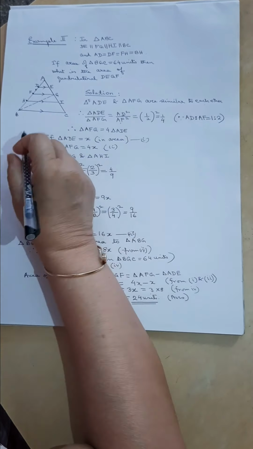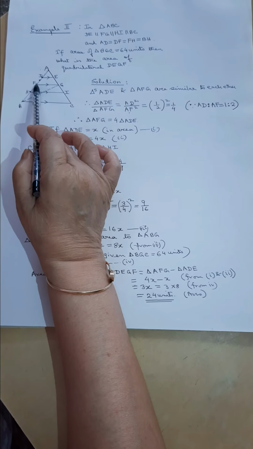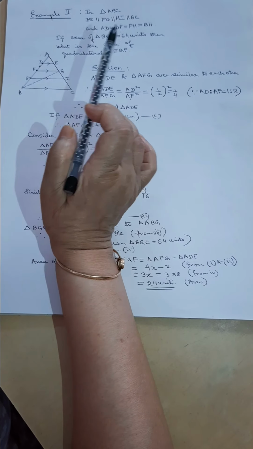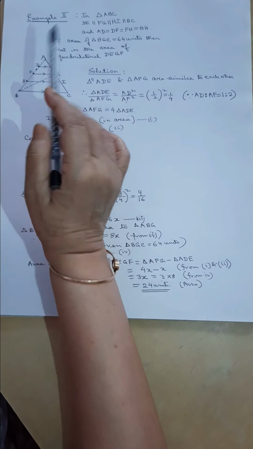and AHI, this is equal to AF by AH whole square, which is equal to 2 by 3 whole square, which is equal to 4 by 9. AF is to AH is 2 is to 3 because we have AF as 2 parts and AH is 3 parts.